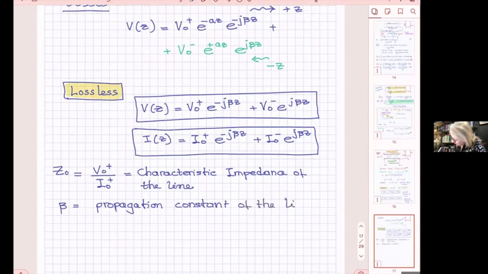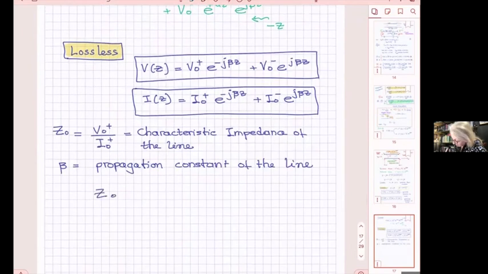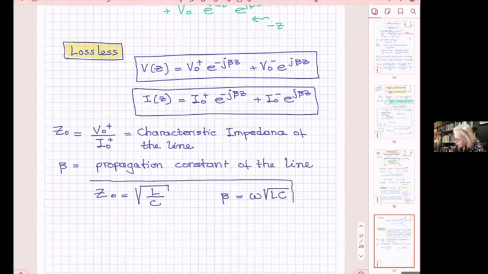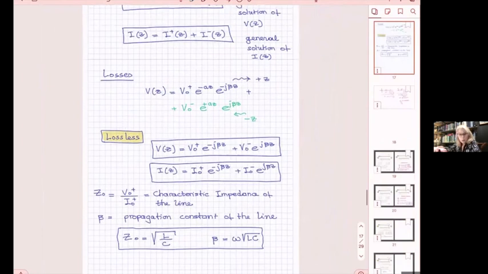Now I know both of those from L and C. Z naught is the square root of L over C, and beta is omega square root of LC. All right? So this is exactly what we need to know.